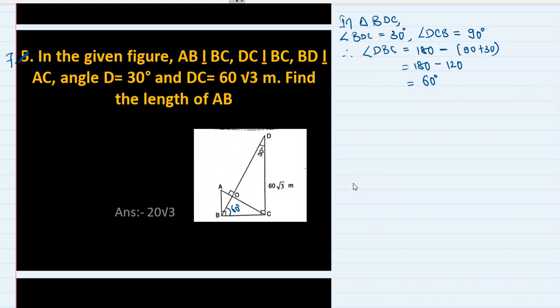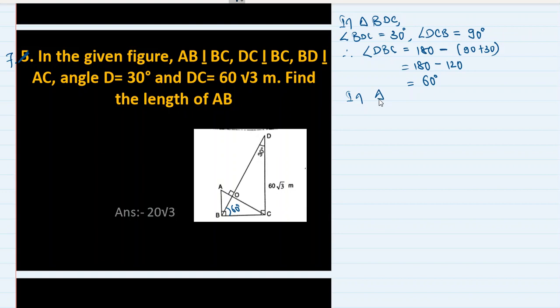For finding the length of AB, we should know at least one angle of triangle ABC. In triangle ABC, we know that angle ABC is 90 degree. So we found angle DBC to be 60 degree.